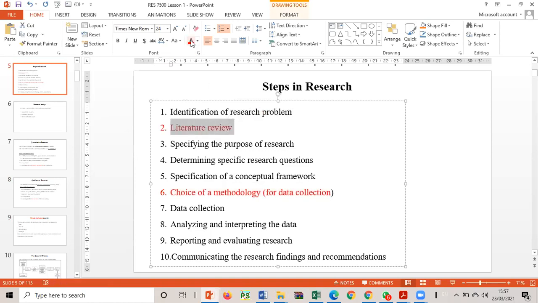Literature review. Let's say I searched and got 10 articles. Out of 10 articles, 8 articles did it quantitatively. So I justify, do it quantitatively. Out of 10 articles, 8 articles use the quantitative method, then maybe you can justify, I'm going to use the quantitative method.